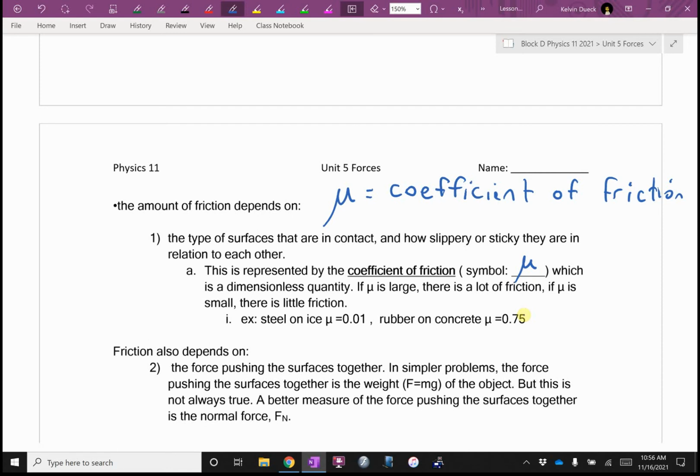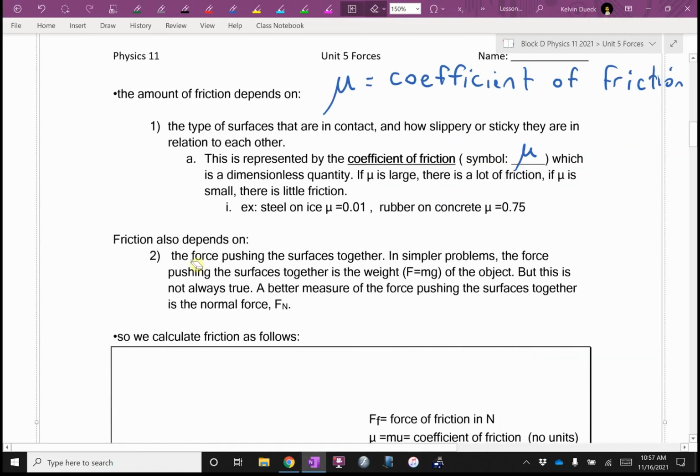At first, you might say the mass, and that's not a bad guess, but I'm going to pause the video for a second here. So friction also depends on the force pushing the surfaces together. In basic problems, the force pushing together will be mg, but in more complicated problems, when we're lifting up or pushing down, a better descriptor will be the normal force.